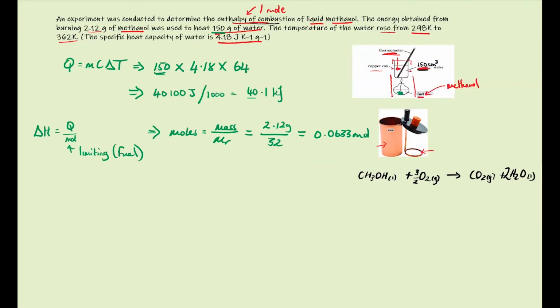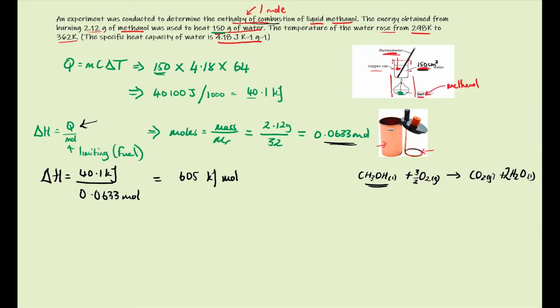But in this equation, I can see that it is at 1 mole. So therefore, I don't need to do anything to this value. I just need to quite simply add it into this equation. So we're going to do exactly that. So delta H is equal to my Q, 40.1 kilojoules, divided by my 0.0633 moles. And that gives me 605 kilojoules per mole.